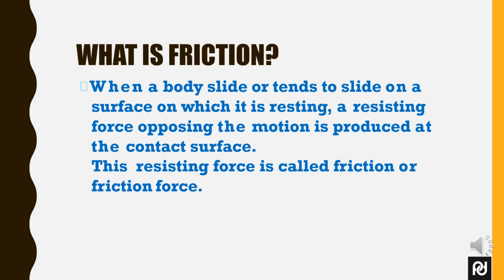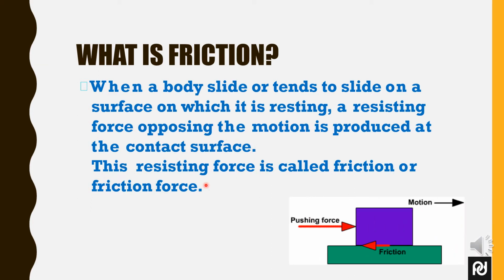So beginning with, what is exactly friction? Now when an object slides or tends to slide on a surface on which it is resting, then a resisting force opposing the motion is produced at the surface. This resisting force is called friction or friction force.